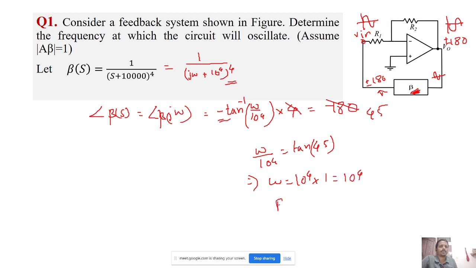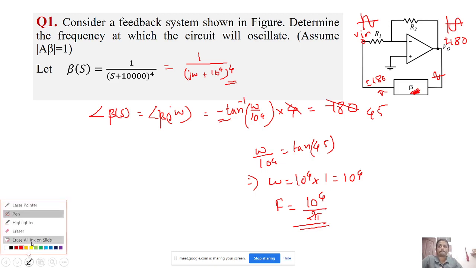The frequency of oscillation is 10 power 4 by 2 pi, whatever the value is. This is how we determine the frequency of this circuit. Okay, so I guess it's clear.